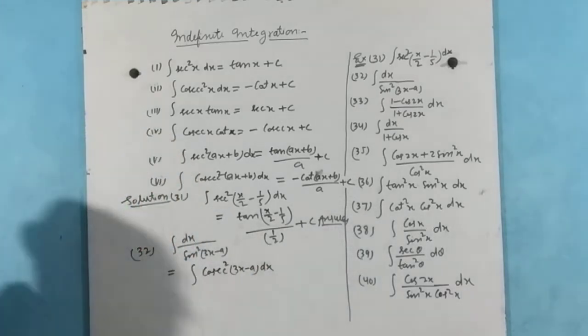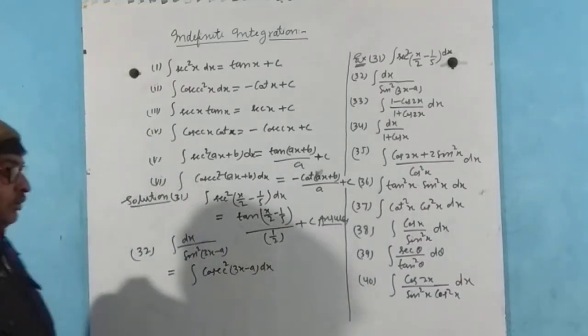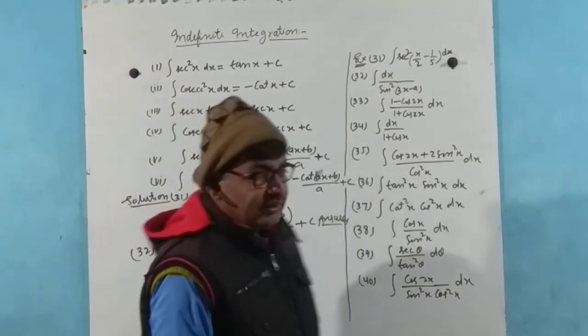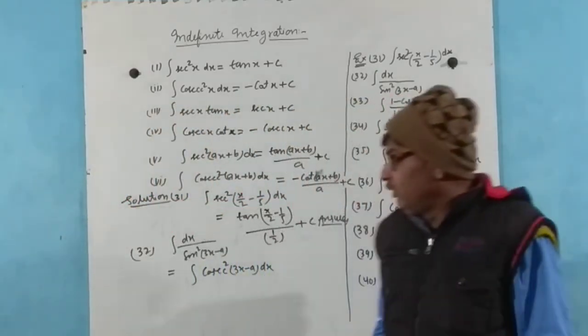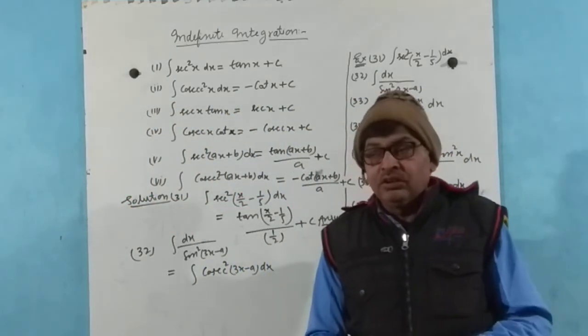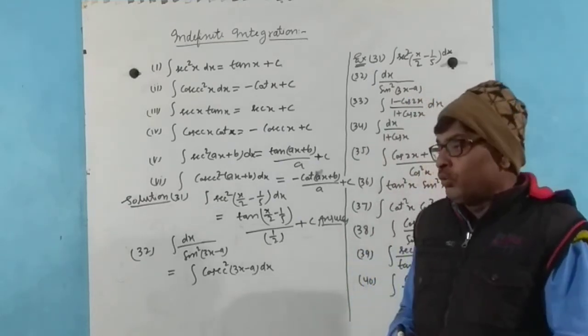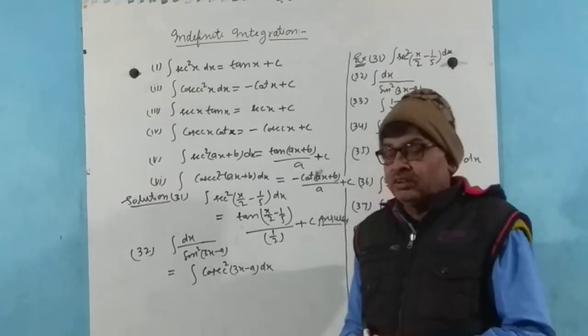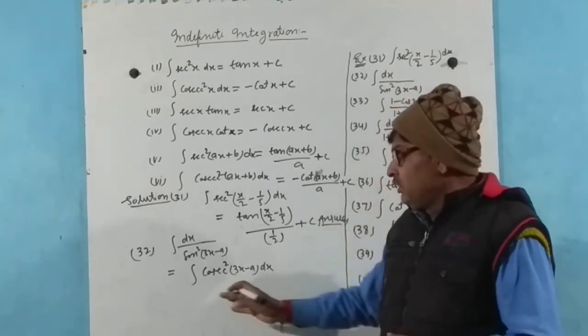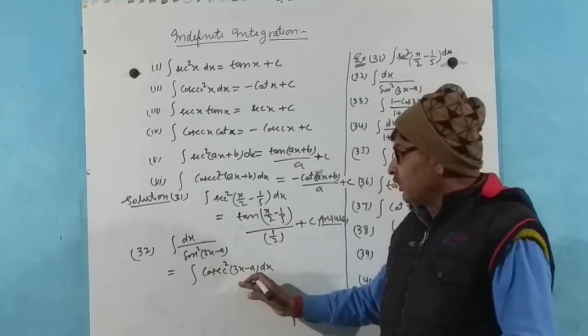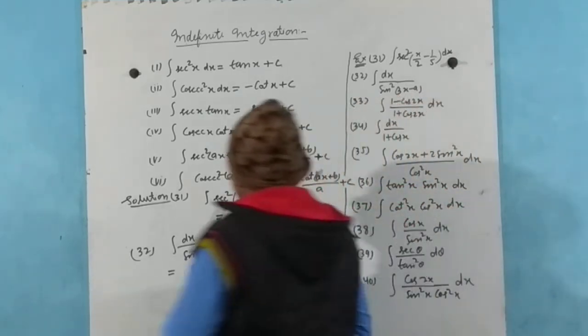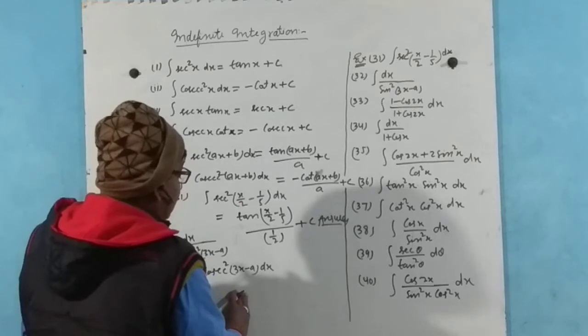As we know, the differentiation of cot x is minus cosec square x, so the integration of cosec square x is minus cot x.